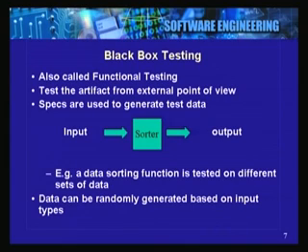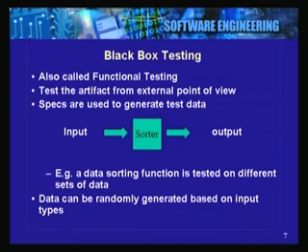So you are going to only sample the entire space through input and outputs of a given module or a black box. So here a simple test case could be a specific set of data as input and see whether the data item gets sorted. Data can also be generated randomly based on input types.